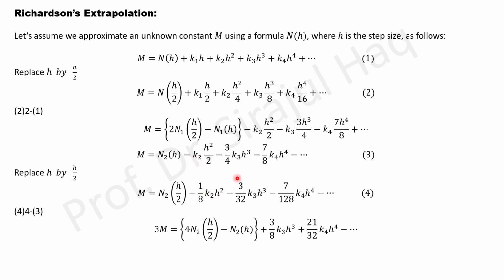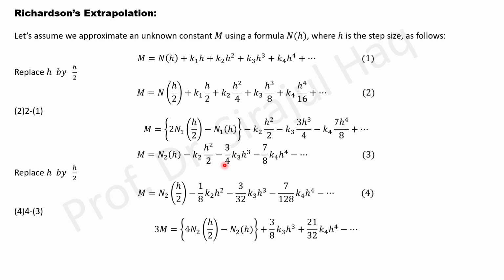And if you come to this one, you have multiplied this with 4, so this will become 3 divided by 8 k3h cube minus 3 divided by 8 k cube h cube. And I'm doing subtraction, so this will become plus 3 divided by 4 k cube h cube.